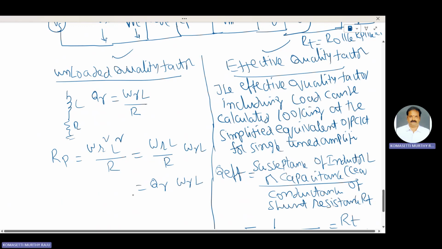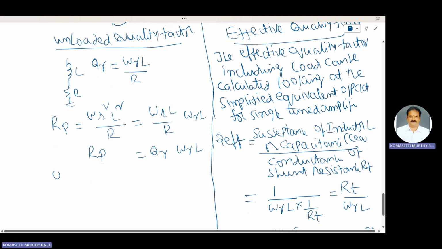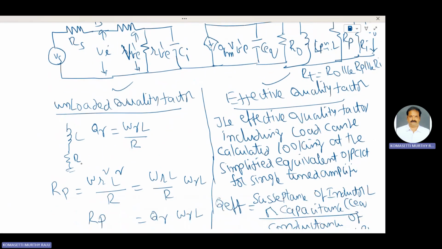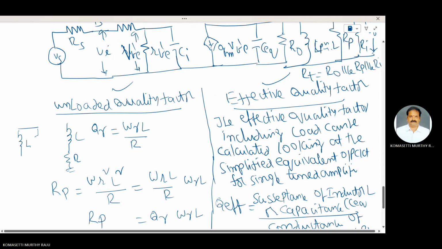Omega R into L, that is RP. Therefore, unloaded quality factor QR is equal to RP by omega R into L. Only consider this series resistance is replaced with here inductance LP, and LP is approximately equal to L. That resistance is RP.